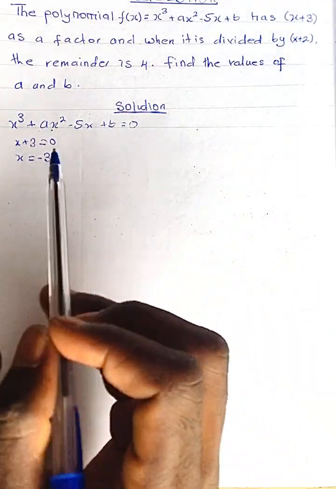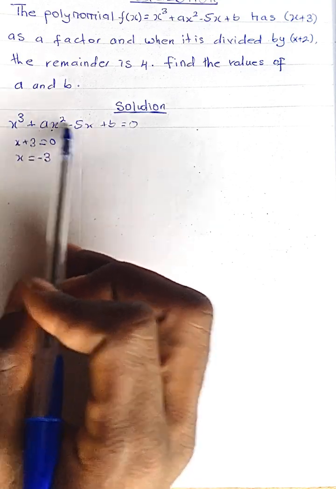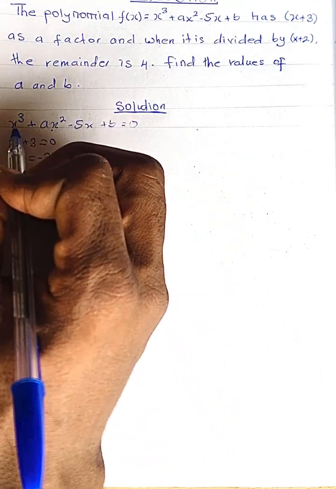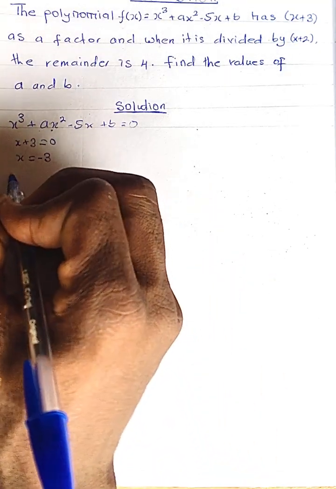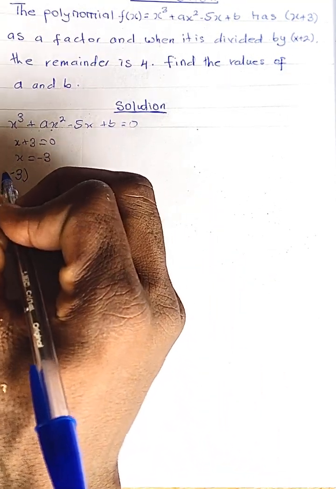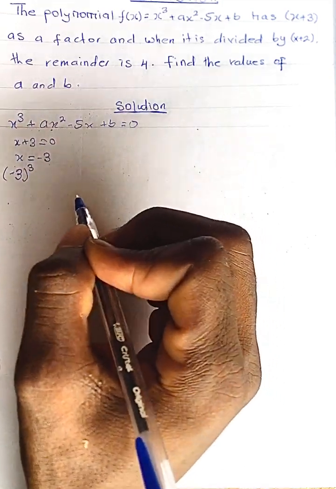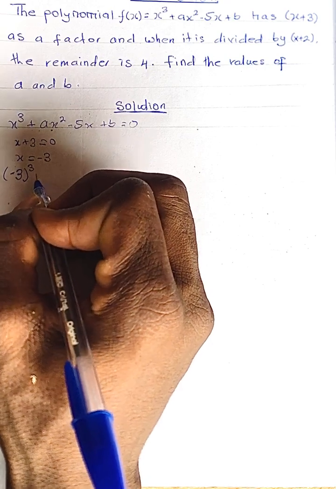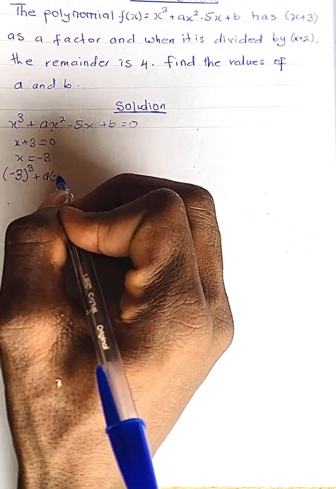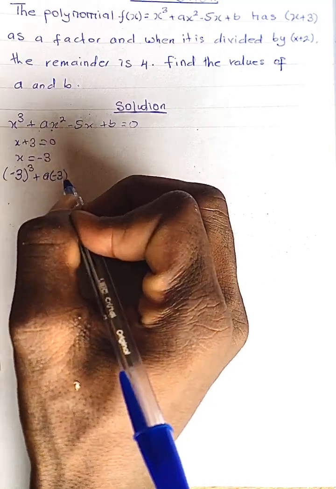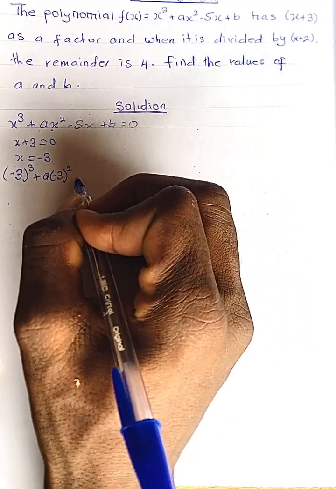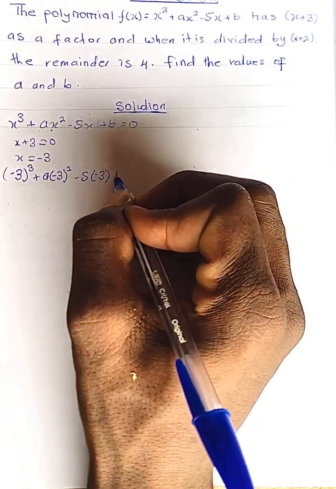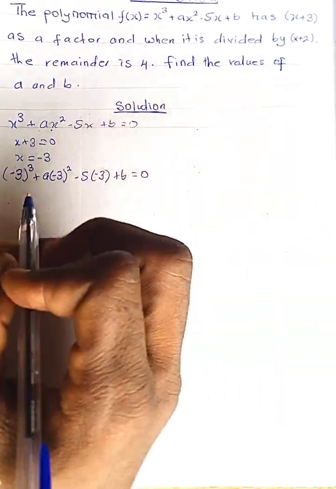Then we are going to substitute the value of x into this function. Here it will be negative 3 cubed plus a into bracket negative 3 squared minus 5 into bracket negative 3 plus b equal to 0.